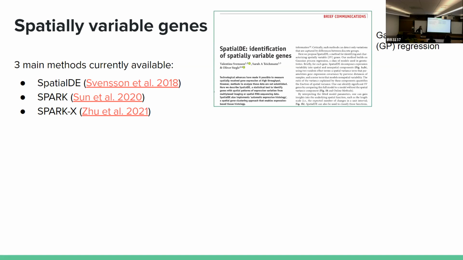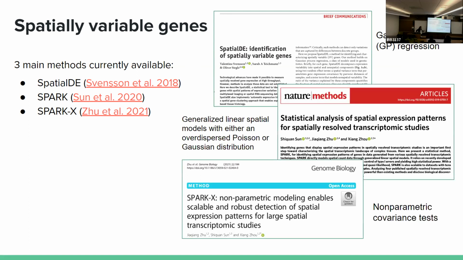The problem is this one is particularly slow. And then there are 2 newer ones that are based on updated models. So instead of assuming a Gaussian model, this set of authors assume a Poisson model, an over-dispersed model, or a hybrid model, and this is an entirely different approach.